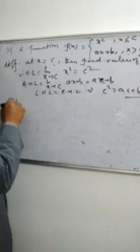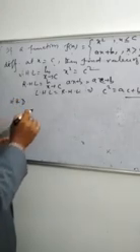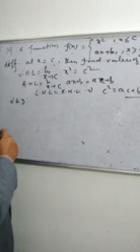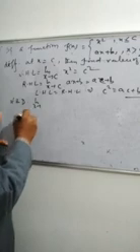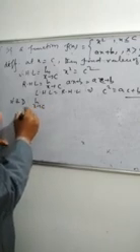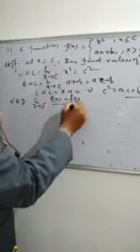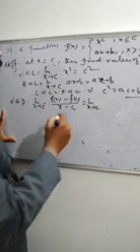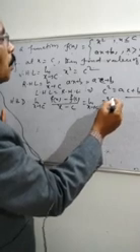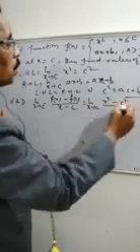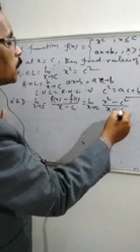Next, for differentiability you have to test LSD and RSD. The LSD is limit x tends to c negative, as usual, of f of x minus f of c by x minus c. In this case, f of x is x square, minus f of c, which is c square, by x minus c.